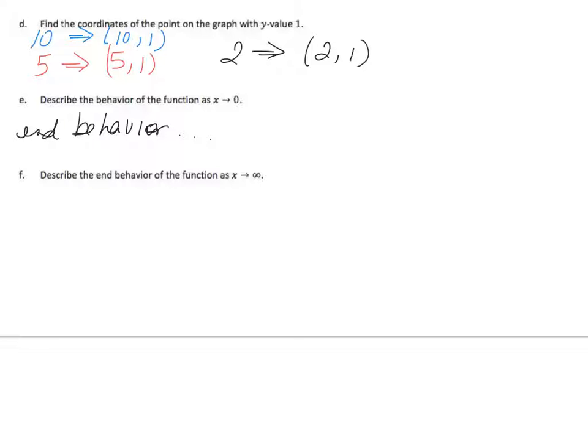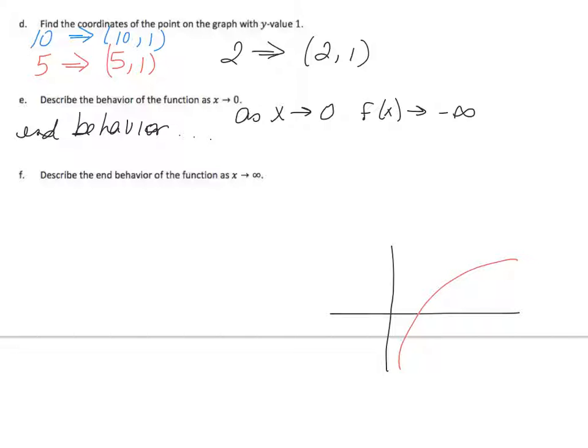For end behavior, we say statements like, as x approaches 0, the function approaches negative infinity. If you look at the graph, what is your graph doing as x approaches 0? Your graph is approaching negative infinity.